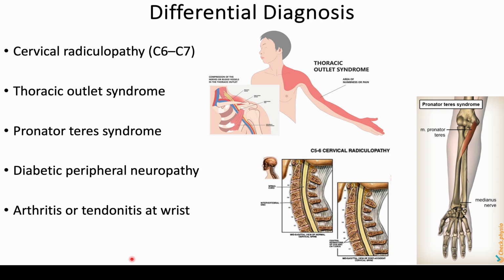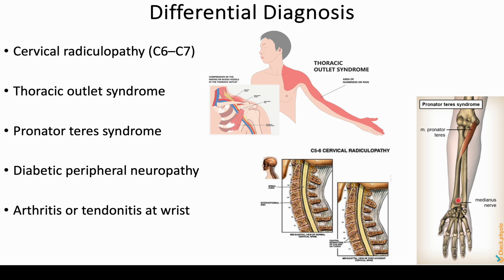In addition to looking at the carpal tunnel area, these are some of the other conditions that can give you the same symptoms, but it doesn't mean it's coming from the wrist. It can be coming from cervical radiculopathy, C6, C7, which is up here, or it can also be in the thoracic outlet area, right in this area. It can also be in the pronator teres area, which is right at the elbow where that nerve can also get compressed and pinched.